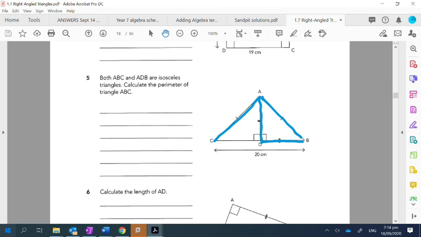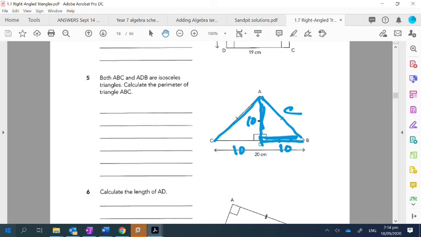They're exactly the same. So if the whole length is 20, what do you think? 10. This one's 10 and that one's 10. If this line is equal to this line, it's also 10. And so we just have to find the hypotenuse.